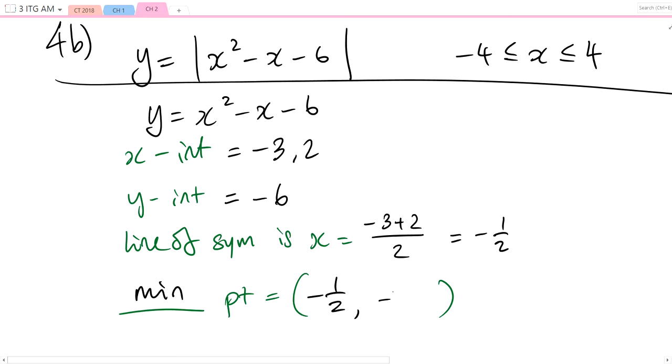You sure? What is it? 23 over 4. Sure? Yo. Cannot even use calculator properly. Deserve to fail E-Maths, right?